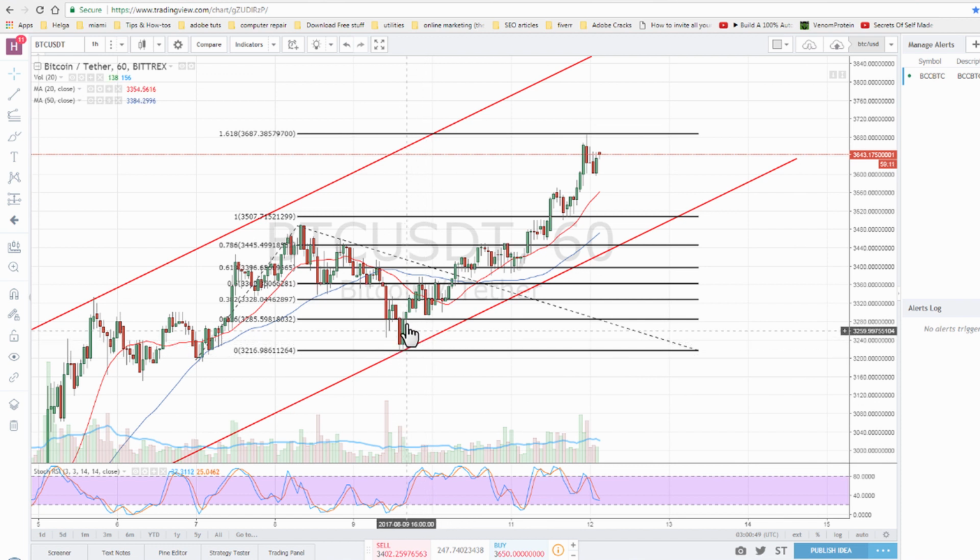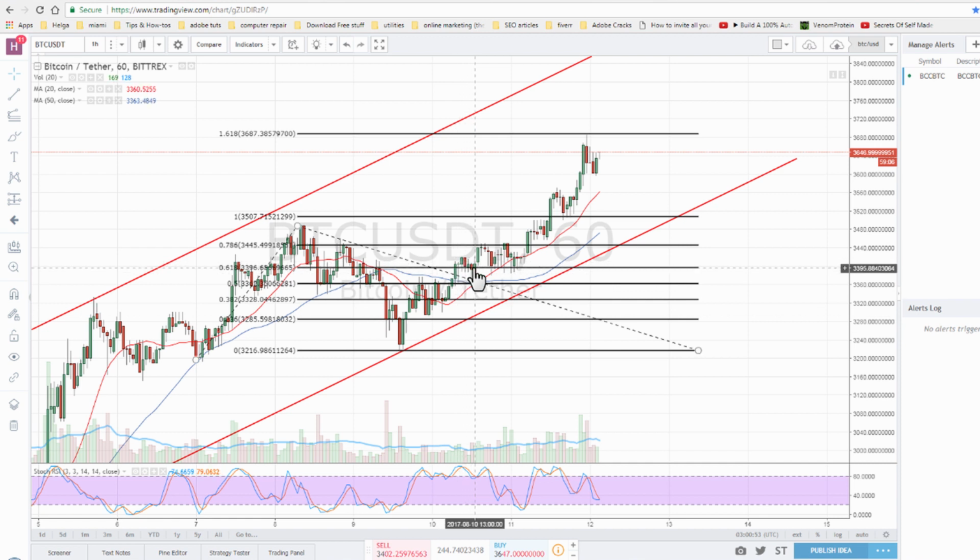Same with 618. So as you can see, these tools are very precise. When we use this tool, we see the price bounce here and it went up the stairs. It's using these lines as steps, right? It goes up, another step, and it bounces on the steps, and now it seems it touched the ceiling here.